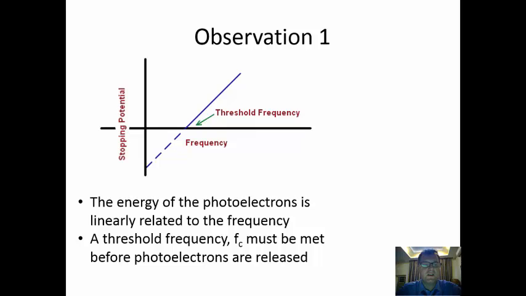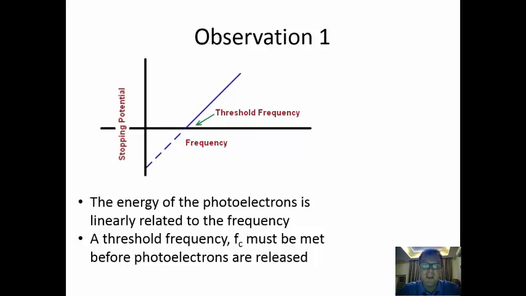So that's one thing, and this is the threshold frequency, and it must be met before photoelectrons are released. At the same time, if we increase the frequency past this threshold frequency, then the stopping potential becomes more and more.